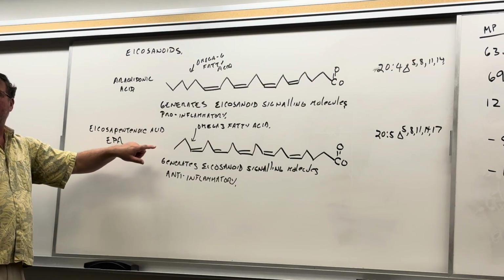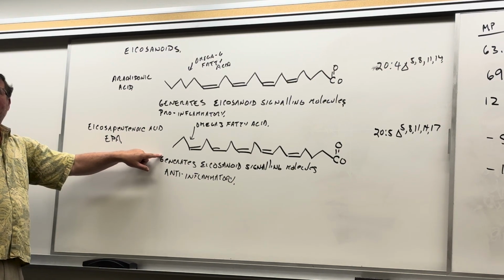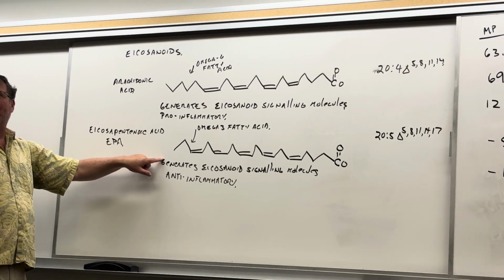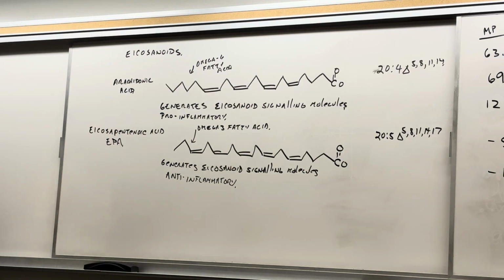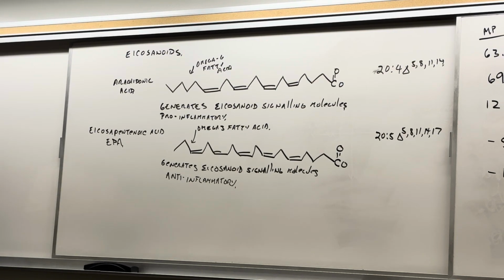Because if you started taking everybody in the world and feeding them fish oil, there just isn't enough fish oil out there to feed everybody. So we wanted a land-based source of omega-3 fatty acids to provide all these cardiovascular benefits. There was a big project at Monsanto and other plant biotechnology companies to do this, and there was just a lot of work in general.